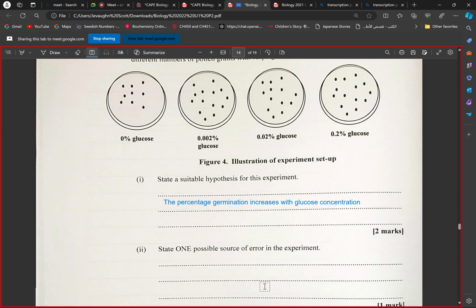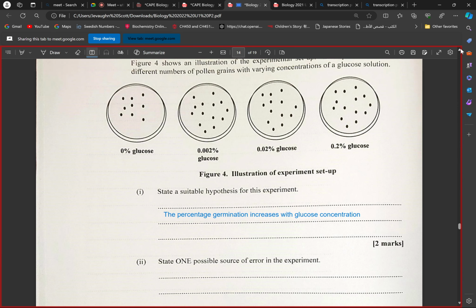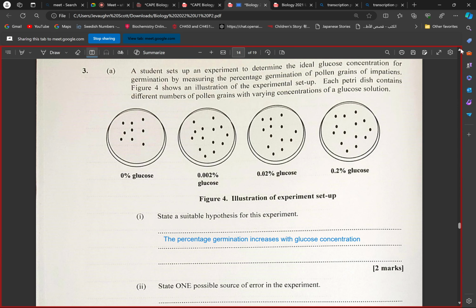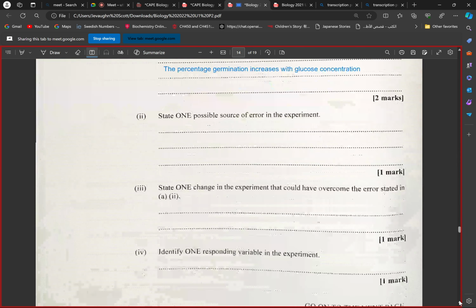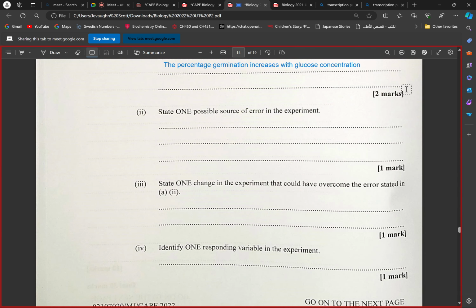What is one possible error for this experiment? What is one possible error that you could see? They could be varying pollen grains from different species.